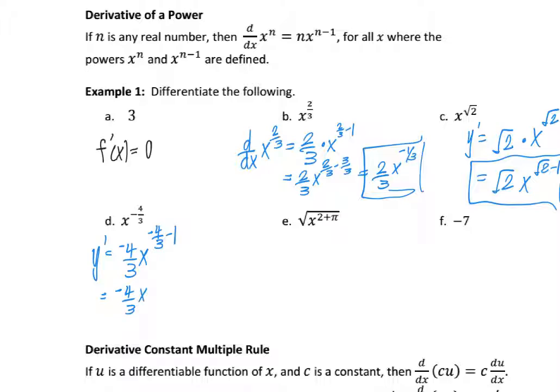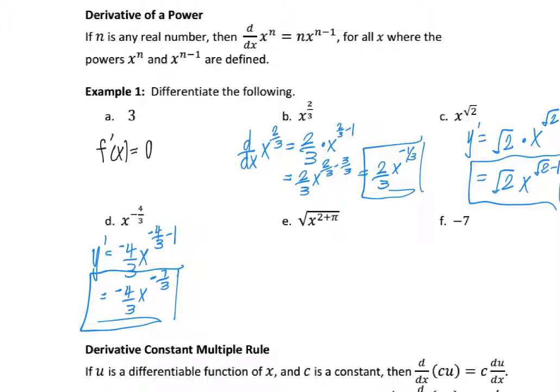So negative 4/3 minus 3/3 would be negative 7/3. Now I'm going to let you leave it at negative 7/3, but you could move that x to the bottom and call it negative 4 divided by 3x to the 7/3, putting the x to the 7/3 in the denominator, and the power would be positive if it were in the denominator, but you can leave it just like this.